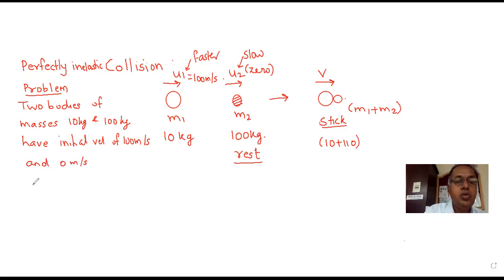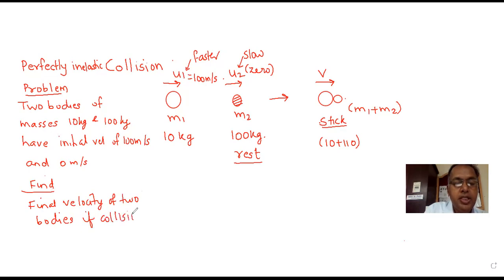Okay, so question असा आहे की you need to find, काय फाइंड करायचं? Find the final velocities of the two bodies, body 1 and body 2, m1 and m2, if collision is perfectly elastic and head on.